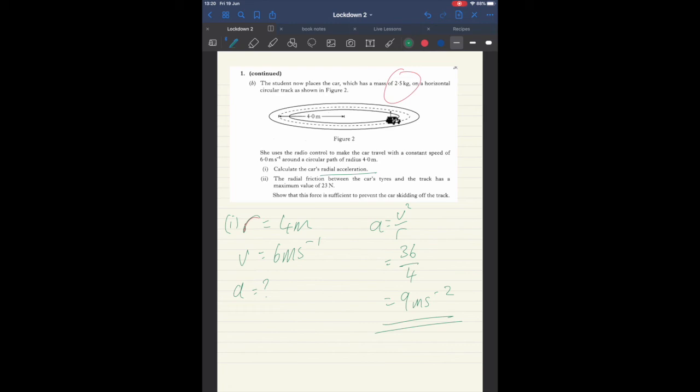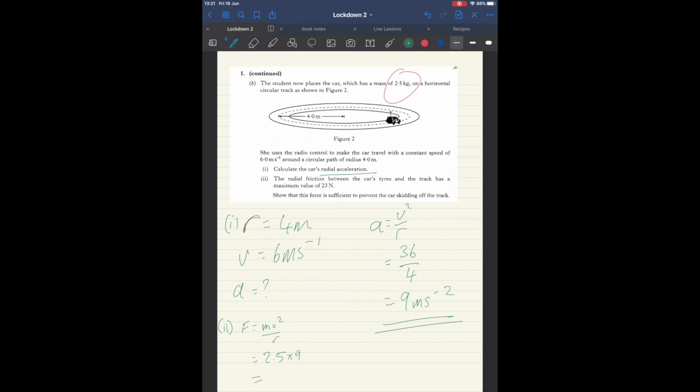And the next part of the question says the radial force of friction between the tires and the track is 23 newtons. Show that the car can go round at 9 meters per second squared centripetal acceleration without coming off the track, or in other words, you can have a velocity of 6 meters per second without any problems. So you calculate what's the required centripetal force to make a car of mass 2.5 kilos go round a 4 meter radius track at 6 meters per second.